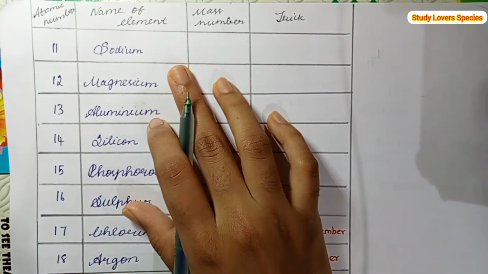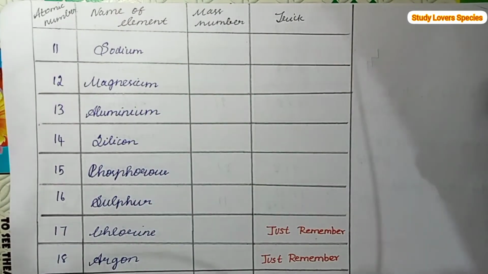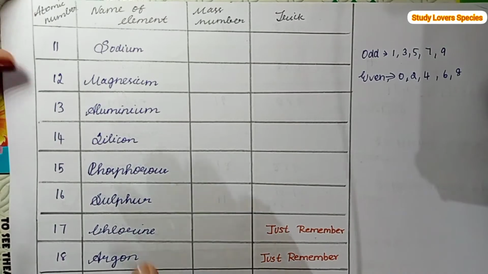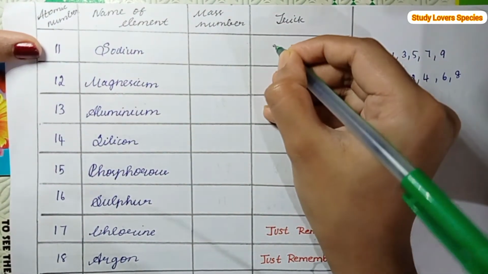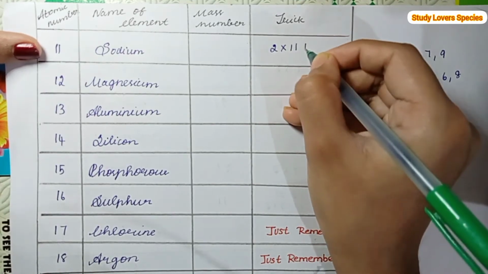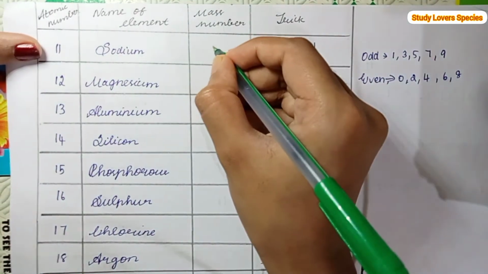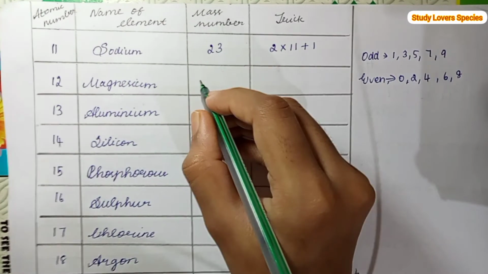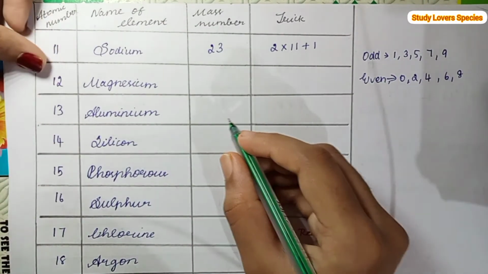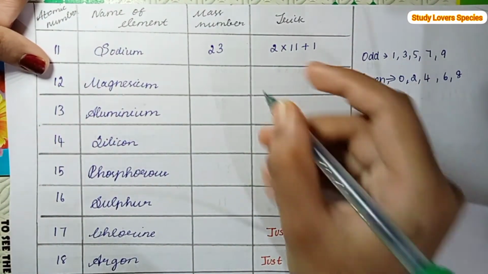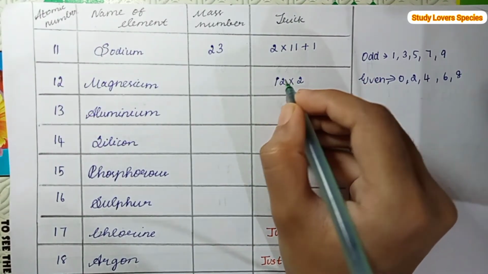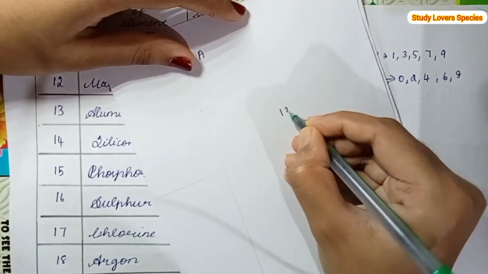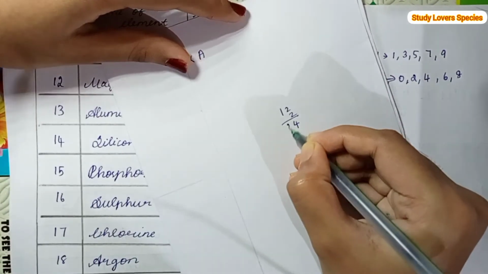Next, sodium. 11 is an odd number. 2 into 11 plus 1. 22 plus 1 is 23. Magnesium. It's an even number. 12 into 2 gives you 24.